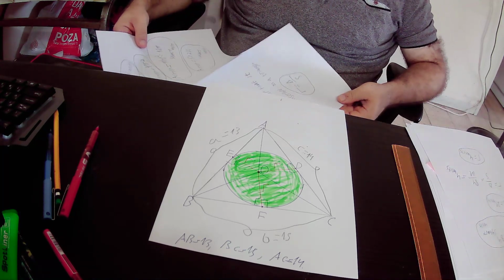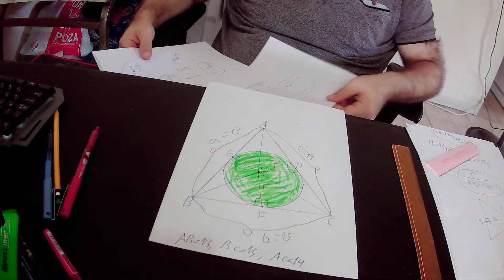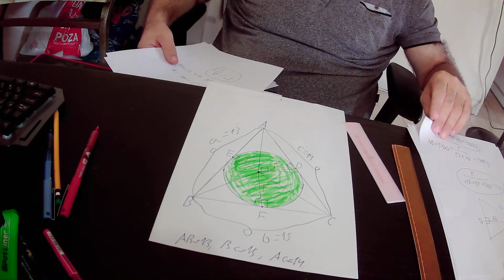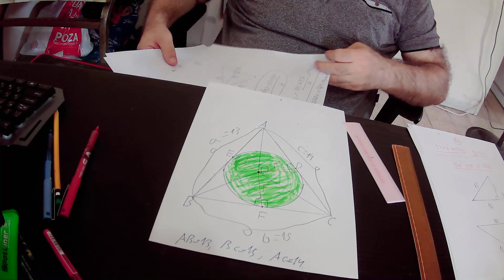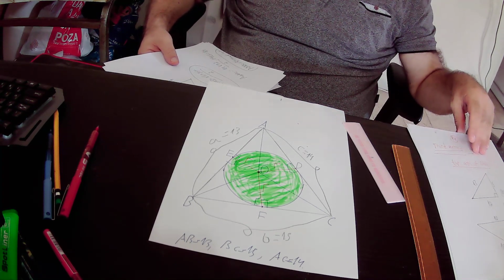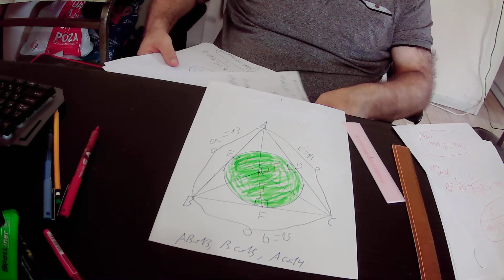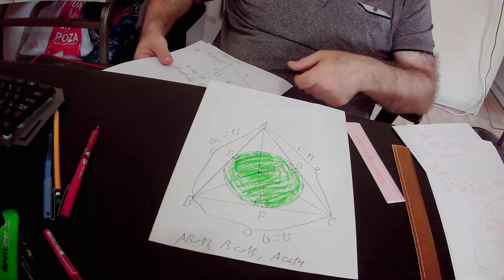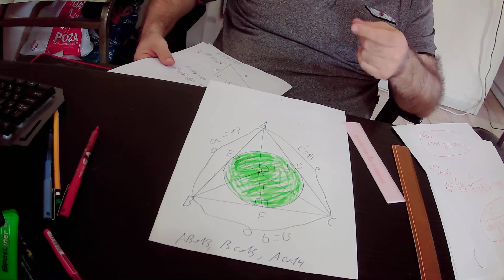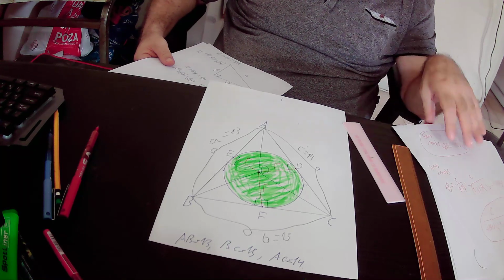Actually, we wanted to find the area of the green circle, and we have triangle ABC that contains the green circle, or the green circle is inscribed in the triangle ABC.